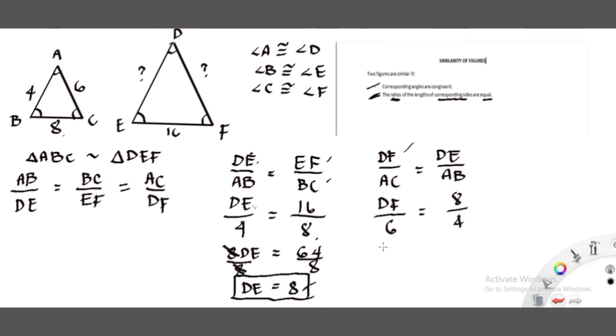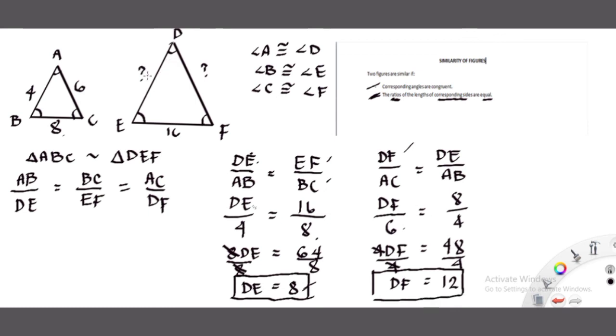DF times 4, that is 4 DF equals 6 times 8. 6 times 8 is equal to 48. Divide both sides by 4. Cancel 4. So, DF is 48 divided by 4. That is equal to 12. So, therefore, the value of DF is 12.